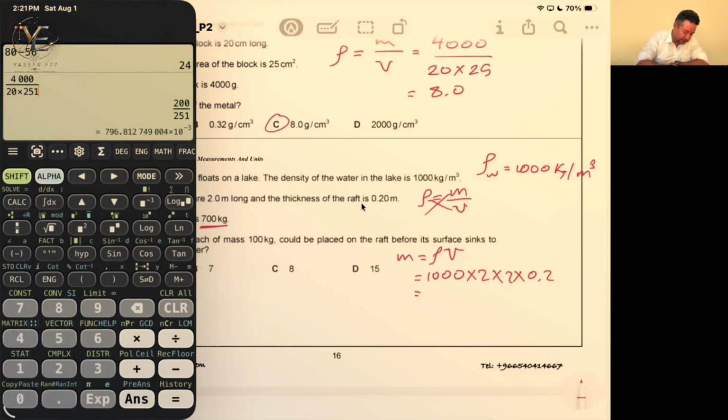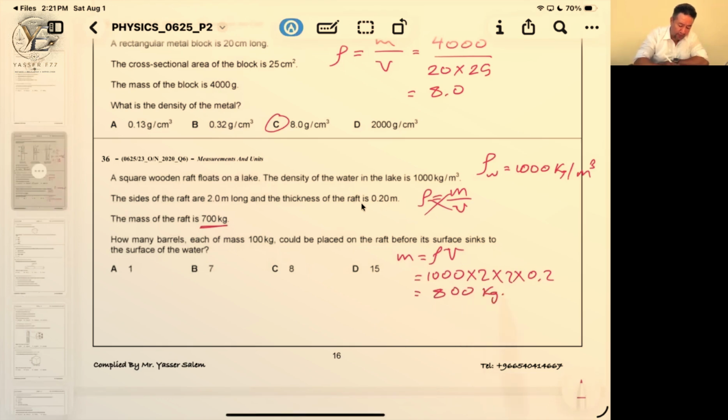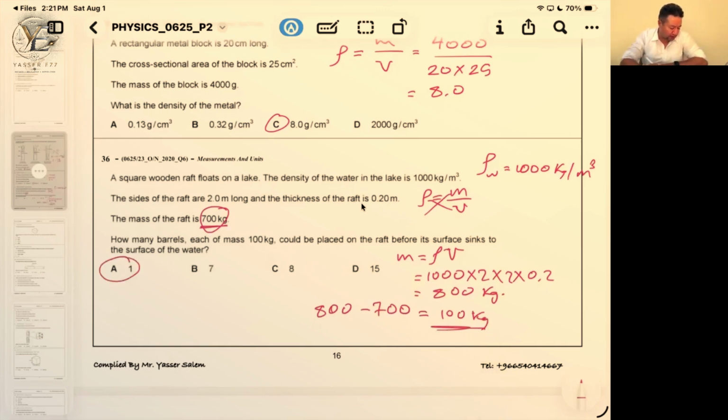So 1,000 times 2 times 2 times 0.2 equals 800 kilogram. The mass of the raft itself is 700, and the mass of the water displaced is 800, so whatever is left is 100 kilogram. 800 minus 700 gives us 100 kilogram. So we can add only one barrel before it completely sinks under the water.